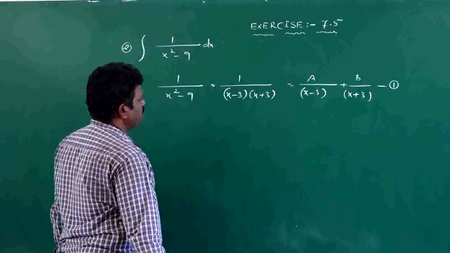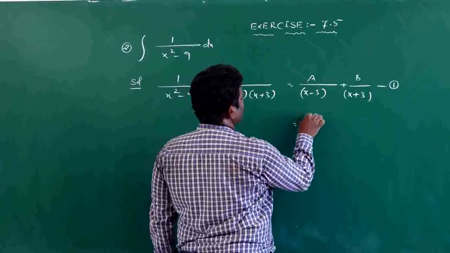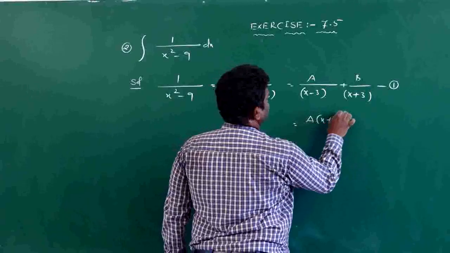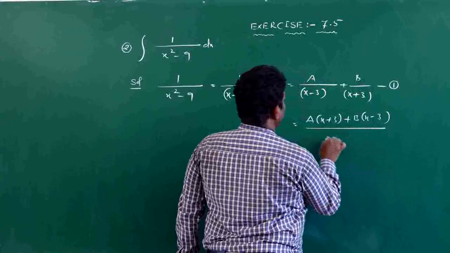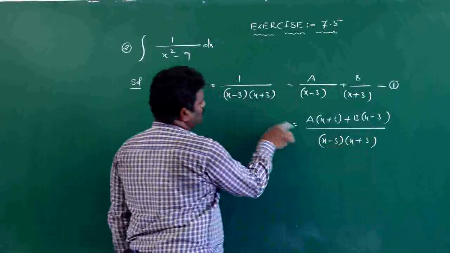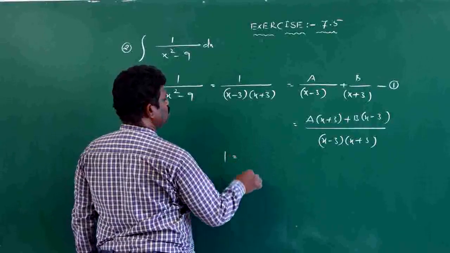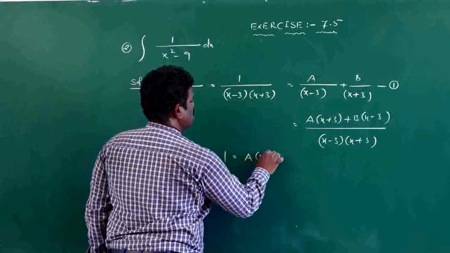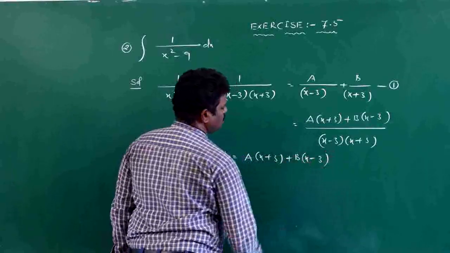Now simplifying this, if we take the LCM for the denominator, we get a into x plus 3 plus b into x minus 3 by x minus 3 into x plus 3. Here the denominators are the same, so 1 is equal to the numerator: a into x plus 3 plus b into x minus 3.